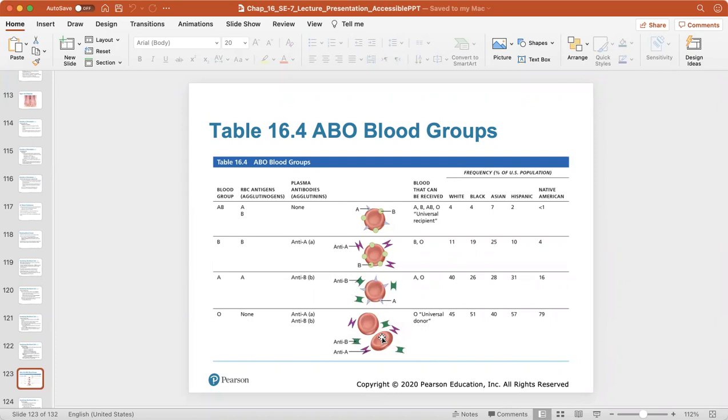Its red blood cells won't be fought off by any recipient blood. So if you're type O blood, you can donate to anyone. And if you're type AB blood, you're the universal recipient because you have both antigens on the surface of your red blood cells and you don't have any antibodies circulating. You won't have any sort of interaction, so you can receive any type of blood.